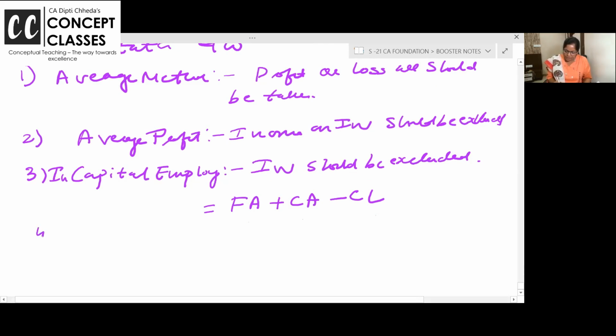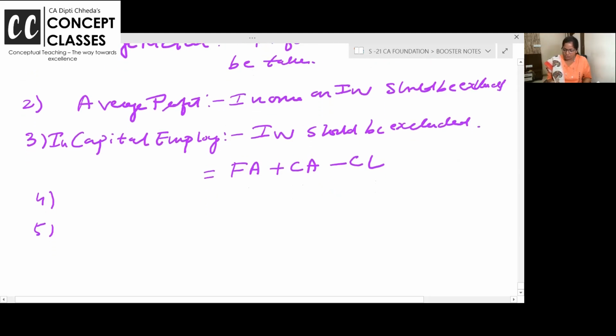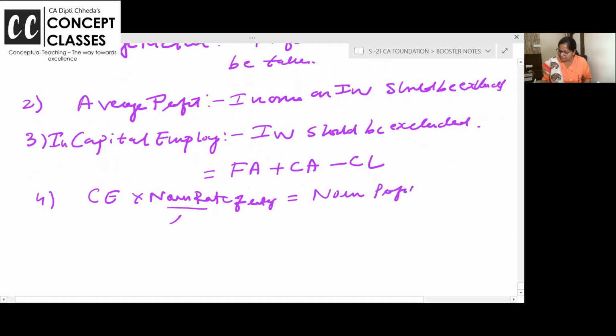Yes, you can add more for super profit and capitalization. What logic are you using? Capital employed into normal rate of return is giving you normal profit. And you know what super profit is?